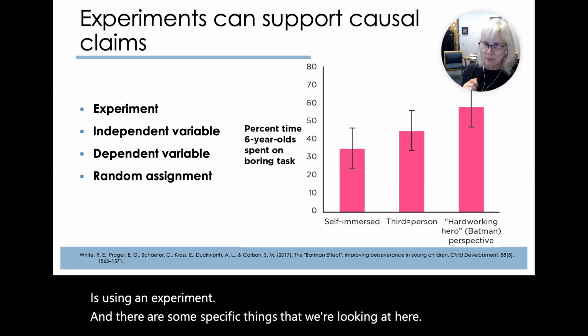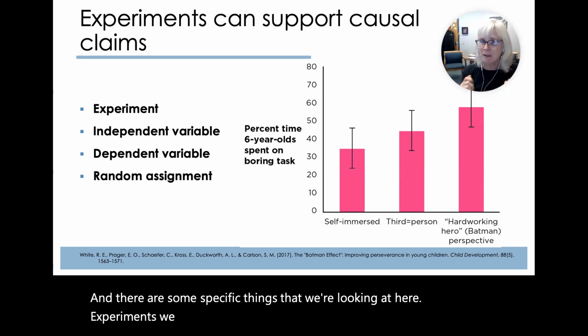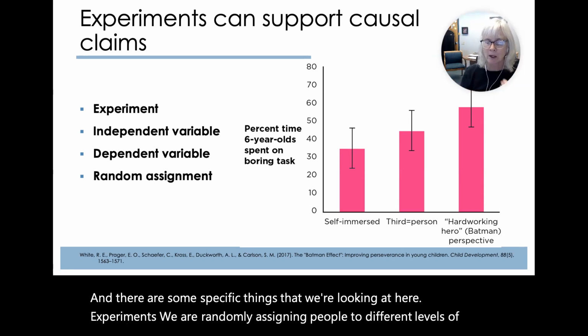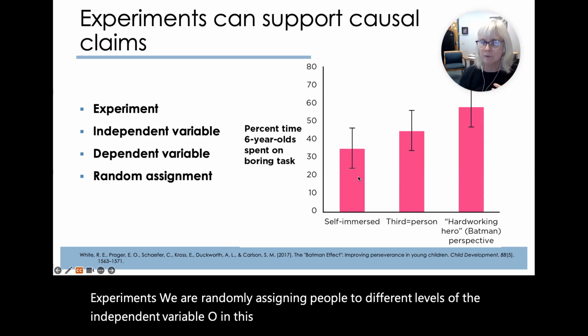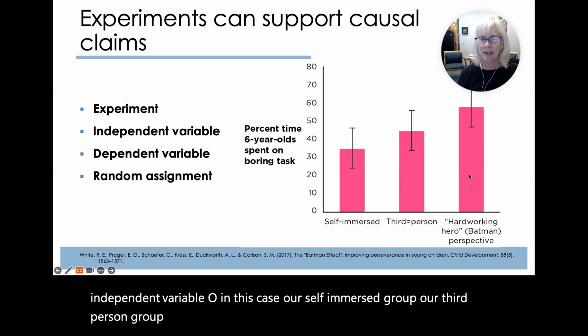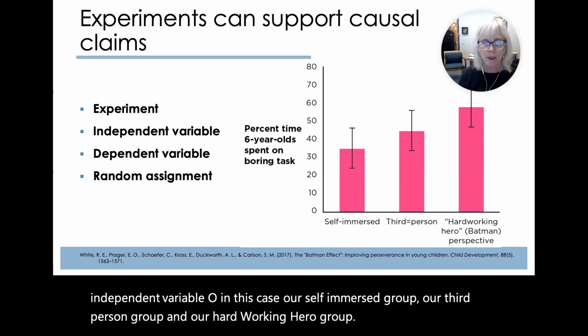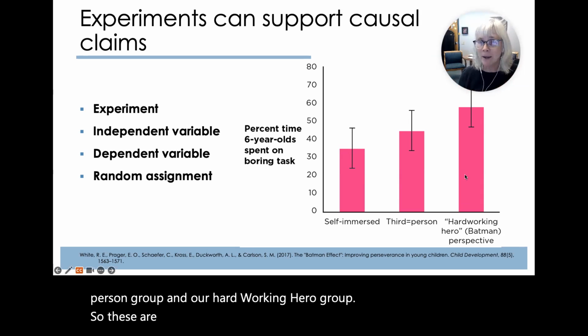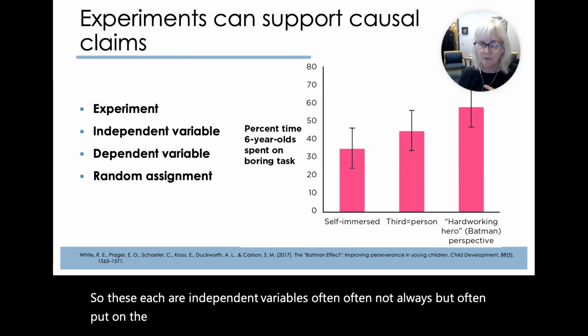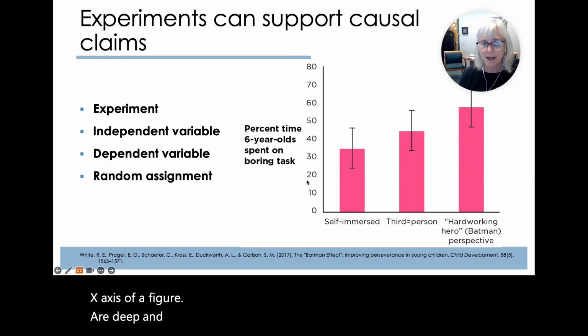In experiments, we are randomly assigning people to different levels of the independent variable. So in this case, our self-immersed group, our third person group, and our hardworking hero group. These are each our independent variables, often, not always, but often put on the x-axis of a figure. Our dependent variable often is on the y-axis.